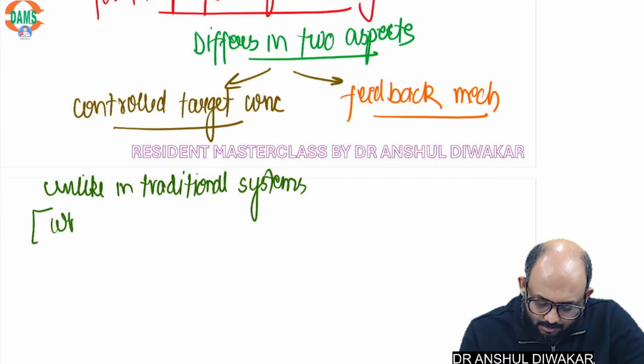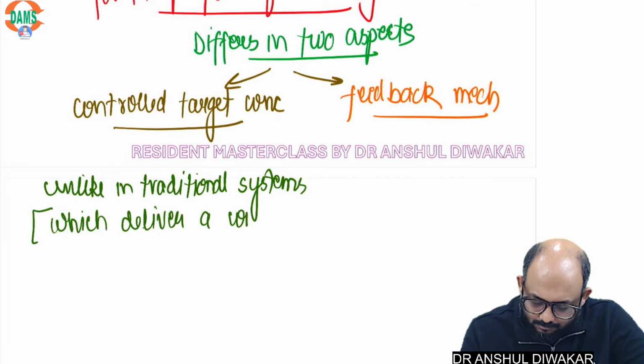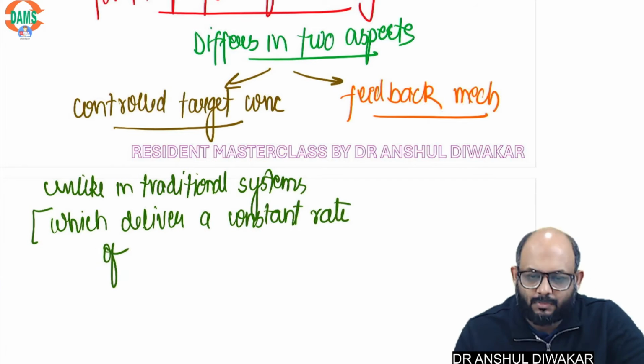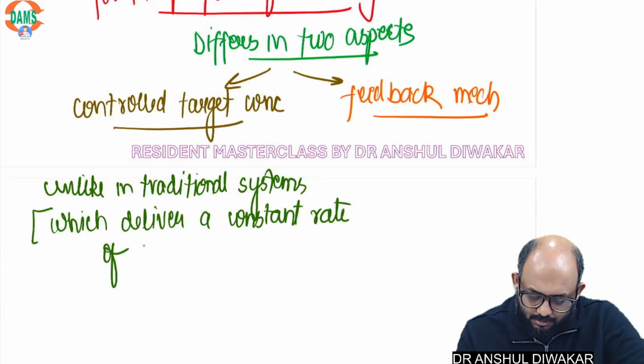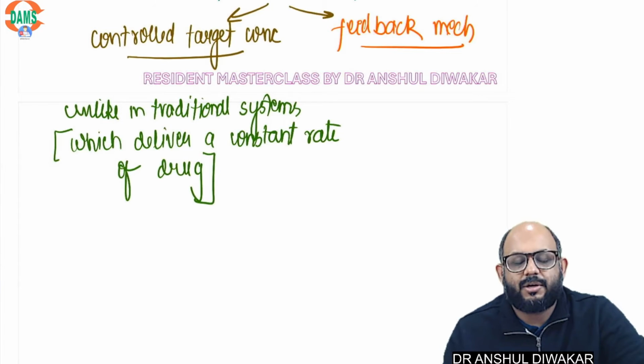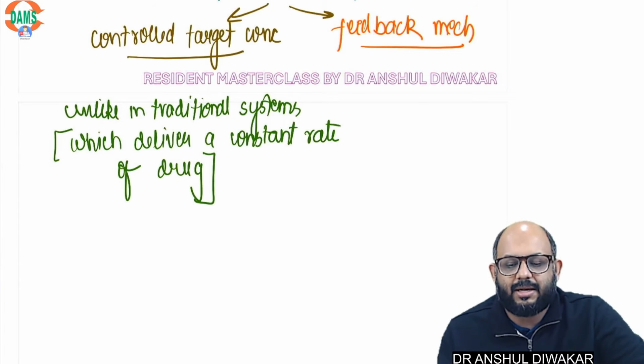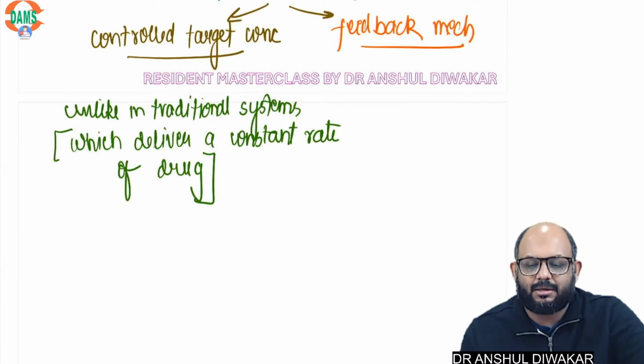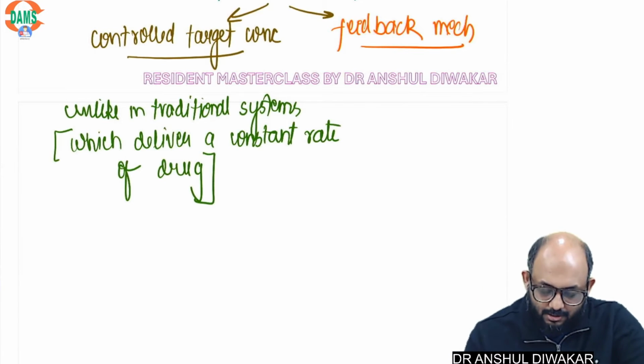In traditional systems, which deliver a constant rate of drug, unlike in traditional systems which deliver a constant rate, TCI systems are designed to achieve and maintain a specific target concentration of drug in blood.